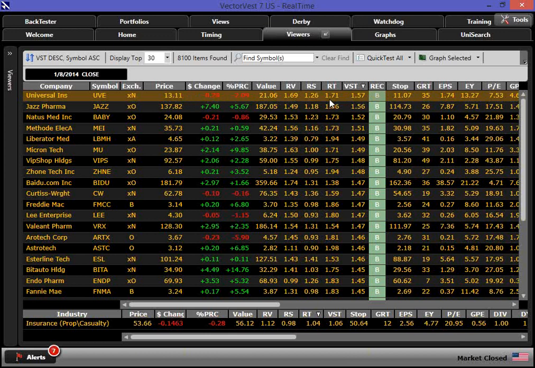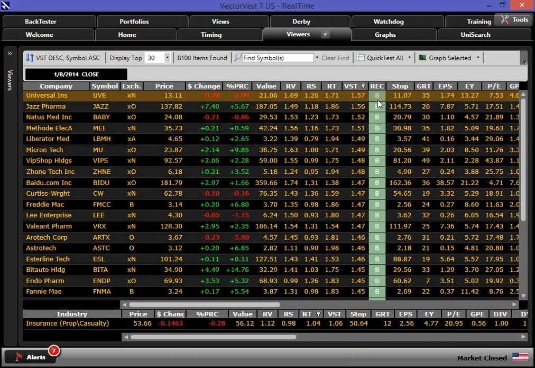Since there are 3 components of the VST score, mathematically I probably have 2 of the 3 above 1 to have a VST score above 1. So I've got a stock that has some fundamental strength, more than likely in either RV or RS. The fourth rule finally is that RT has to be above 1. The stock has to be in an uptrend.